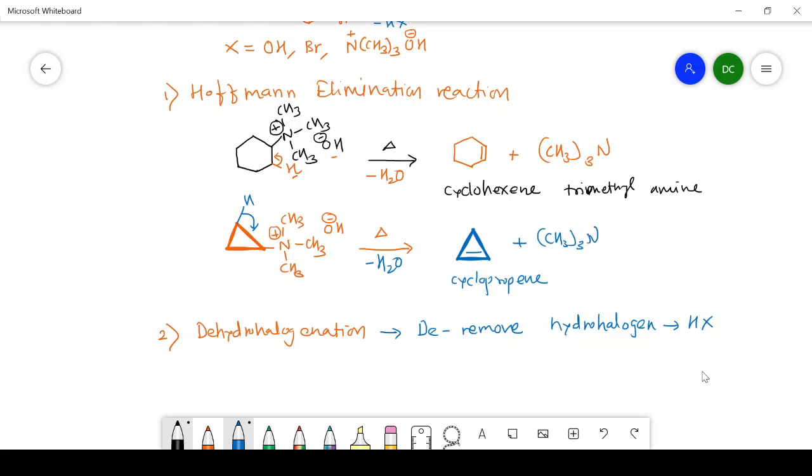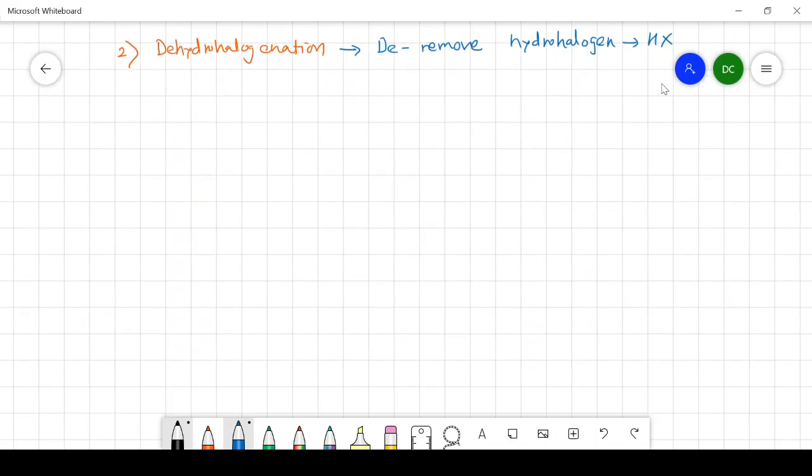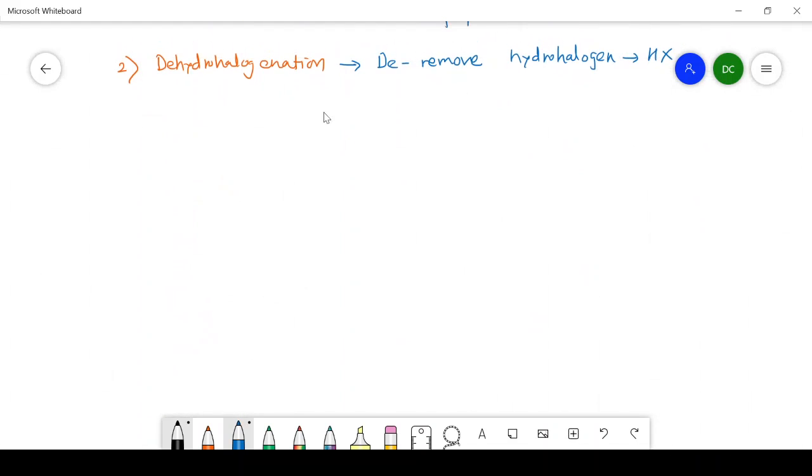Therefore, on the reactant side, we have to write the cycloalkane first, and on that cycloalkane there is the presence of a halogen. I will put here Br, and it is treated with alcoholic KOH. What is happening?